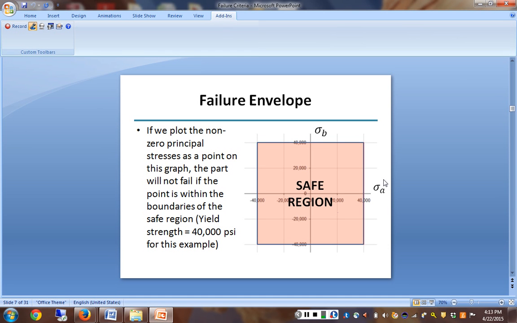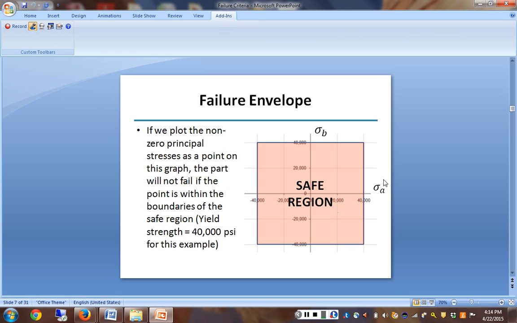So it's a square. If the loading points of your principal stress are inside the box, that's a safe region. You do not expect failure. And more so, the ratio of these distances, just like Moore's circle allows you to geometrically figure out all these different things by what is the radius, what is the angle, you can do the same thing with factor of safety.